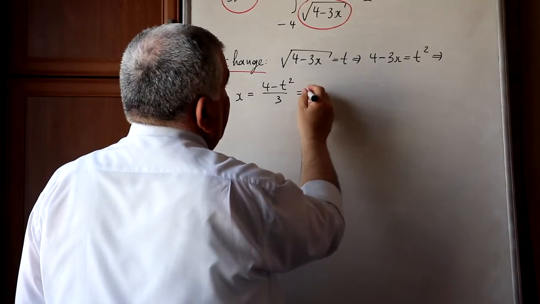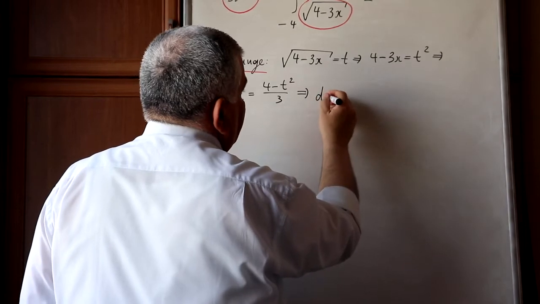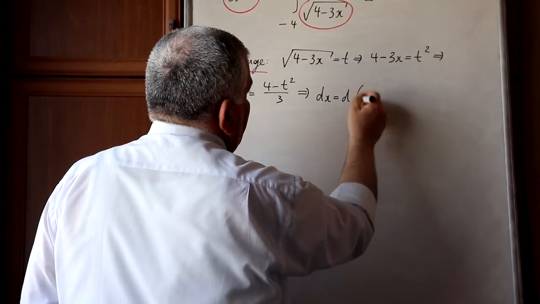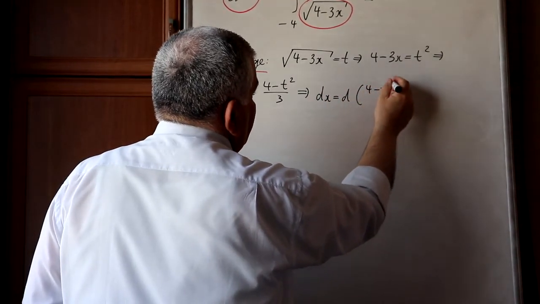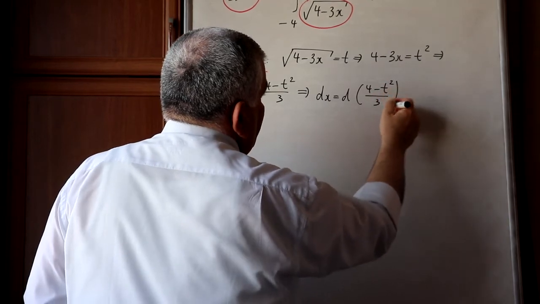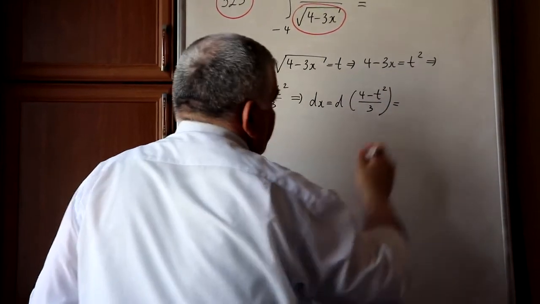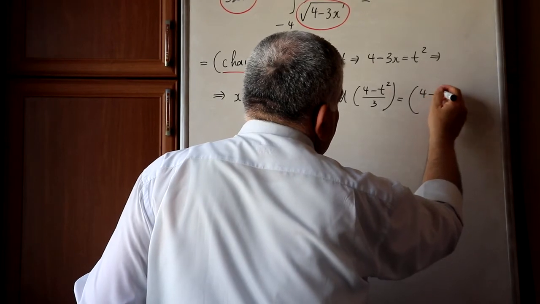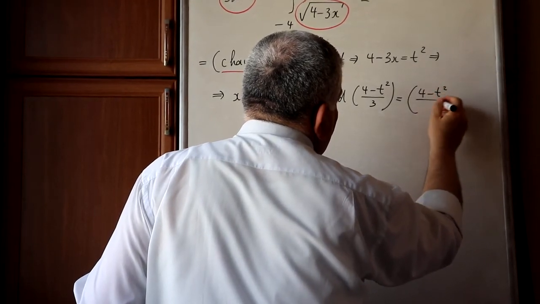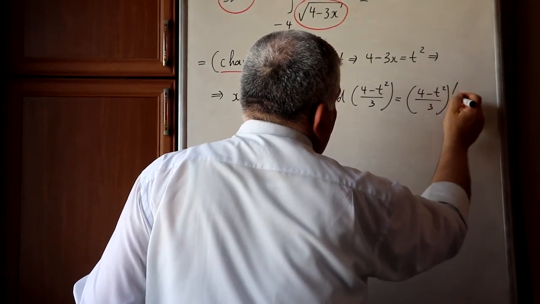Then find also dx. Dx is d of 4 minus t squared over 3, equals the derivative of 4 minus t squared over 3 multiplied by dt.